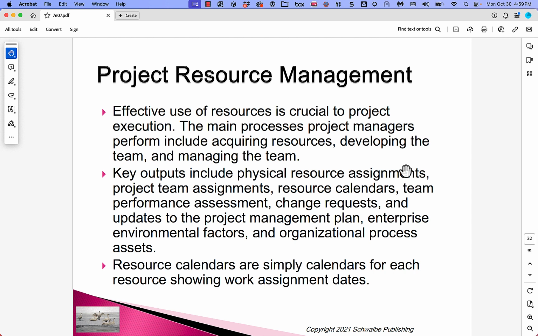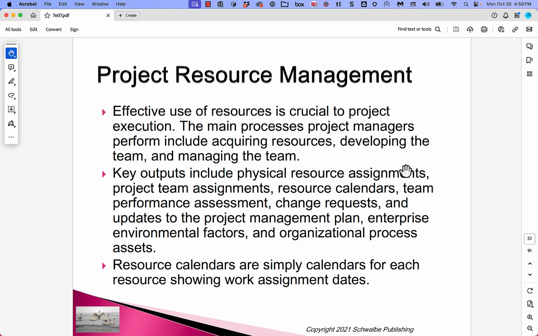They're not in short supply and they're not things that we need to manage. But the contributors to the team, the number of machines we have, the number of conference rooms that we have, the number of testing centers that we have, the number of training rooms that we have, all those things are things that we need to manage.